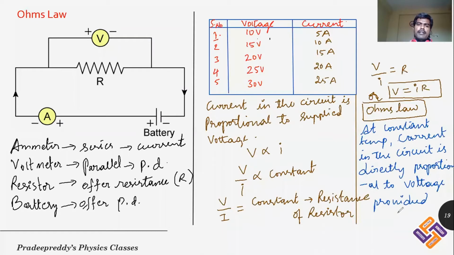And this we have obtained from experimental proof. So from the experiment we have concluded that current in the circuit is directly proportional to applied voltage. Do you have any questions to ask?